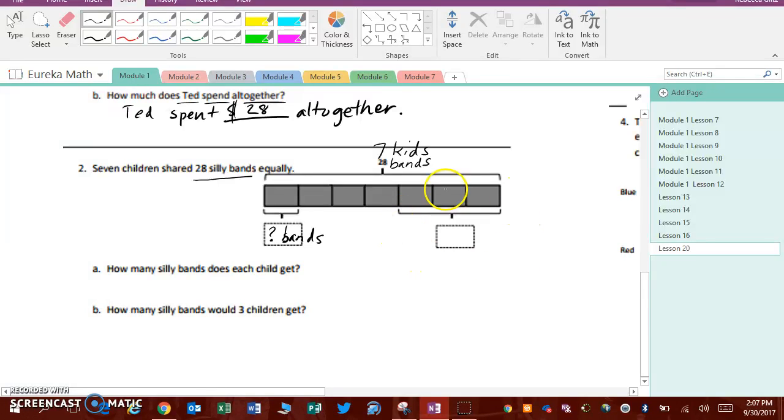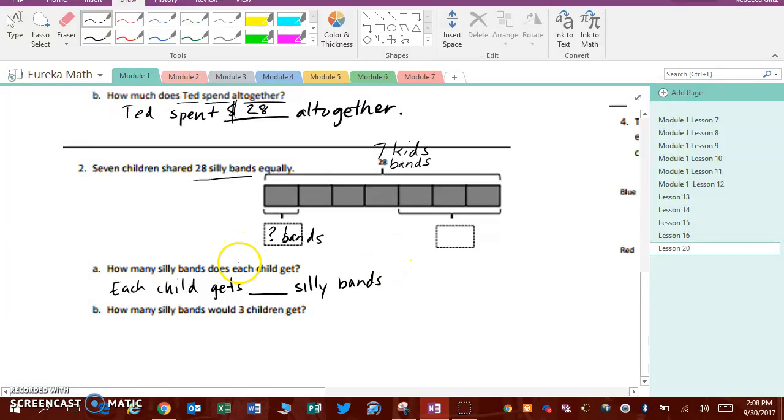Now they've got a section over here. We don't know what they're doing with that yet. So let's just go read the problem or the questions they want us to answer. Part A. How many silly bands does each child get? All right, let's write our answer sentence. Each child gets blank silly bands.